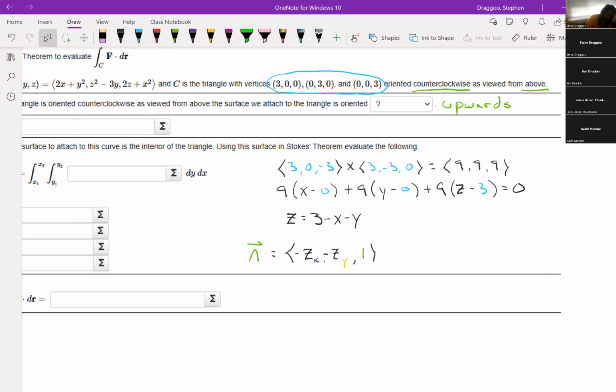As a quick aside, the other option for our normal vector could have been z partial x, z partial y, negative 1. If our curve were oriented clockwise, we would have chosen this normal vector instead because we would have wanted the downward orientation.